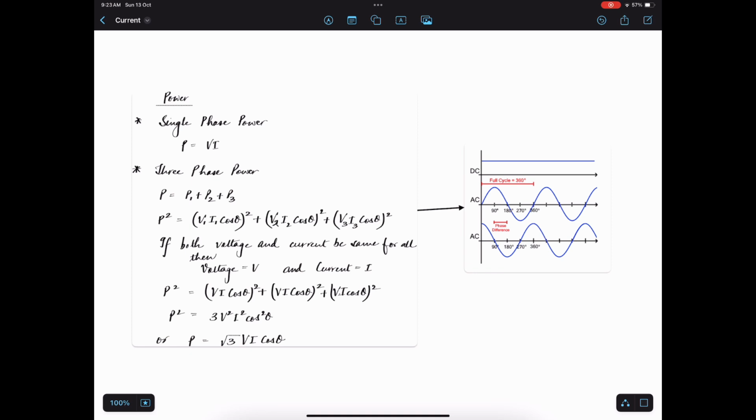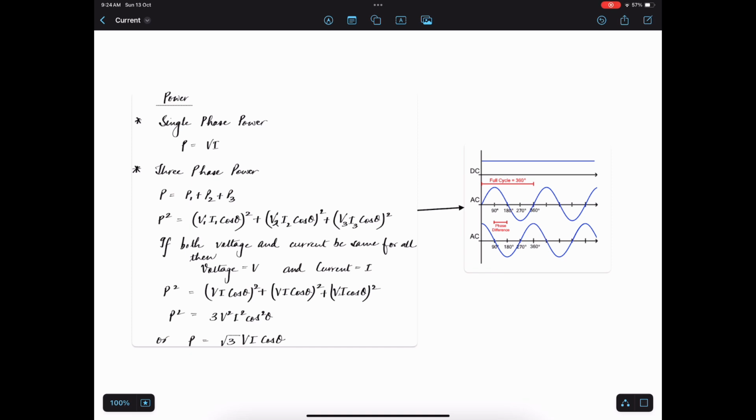You can see the DC is just going straight. AC is sinusoidal. There are two ACs, and the first one is the sinusoidal wave, completing 360 degrees with the sine wave, and the second one is with cos.